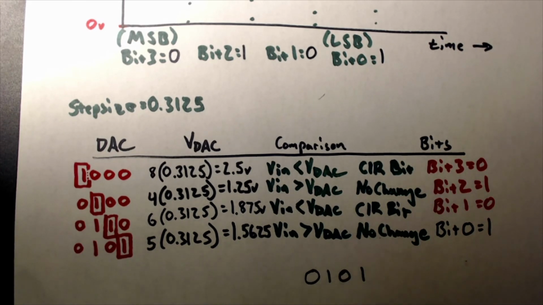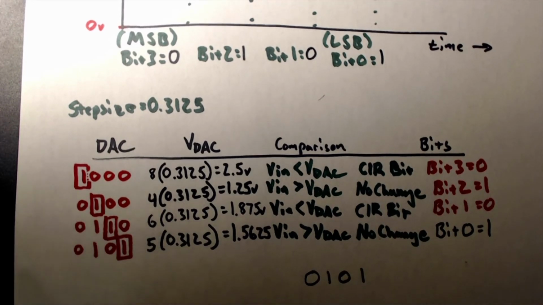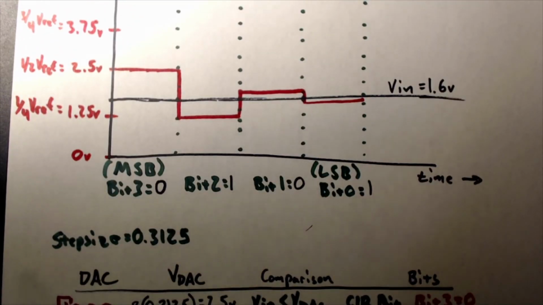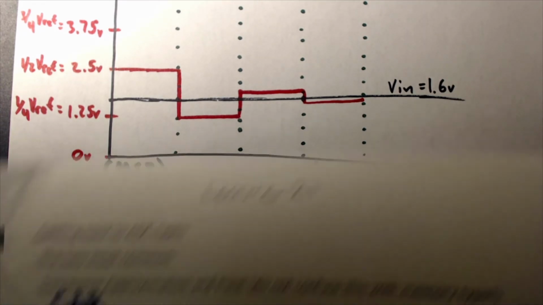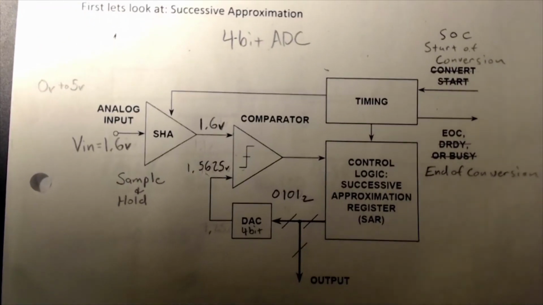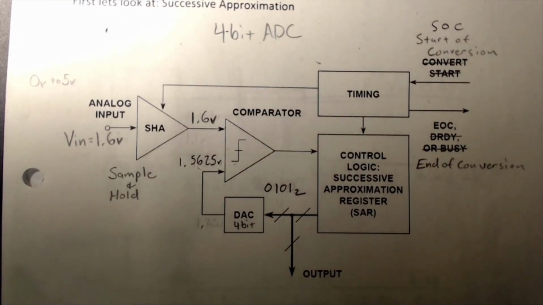It's not a difficult algorithm. Go over this a few times. Practice doing it yourself. You can always change what Vin is. You can try it with Vin equal to 2 and see what you get on the output for your converted value. I think with a little practice, it's pretty straightforward, and I think it's very interesting.